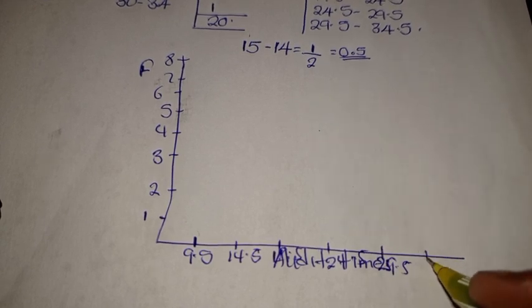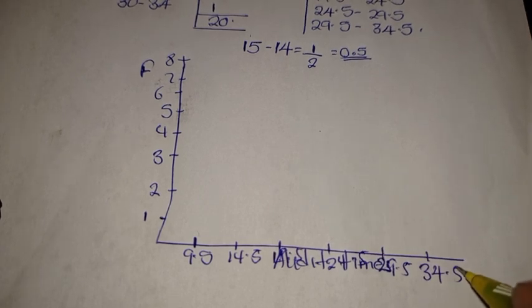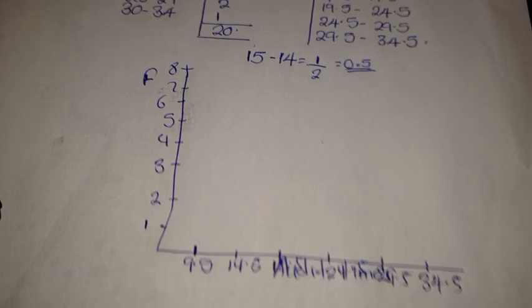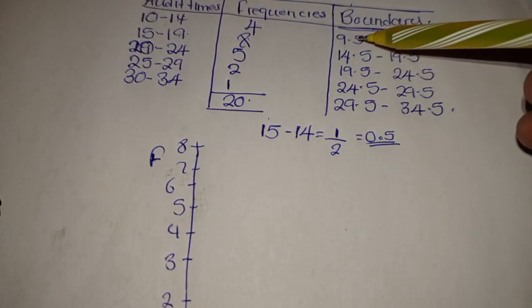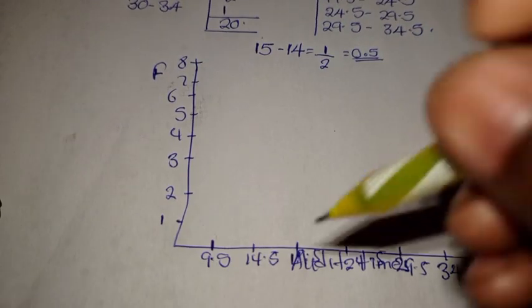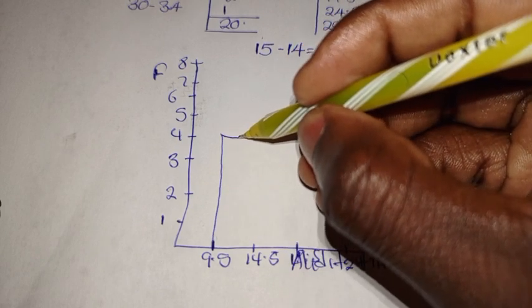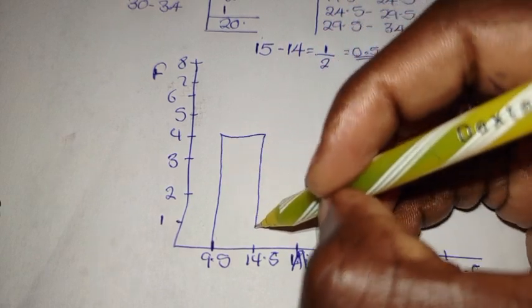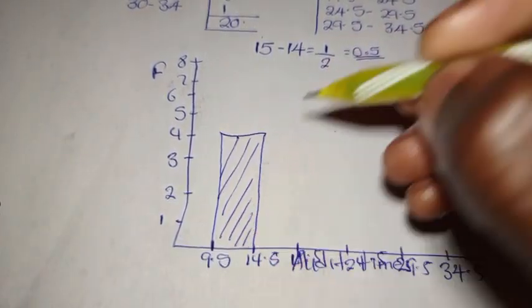Sorry that my numbers are within the words. And lastly we have 34.5. So we know that the first class has a boundary of 9.5 to 14.5 and the frequency of 4. So we draw it all the way to the frequency of 4, coming down to 14.5. So this is the class where the frequency is 4.